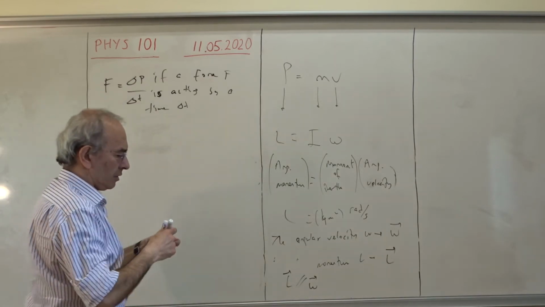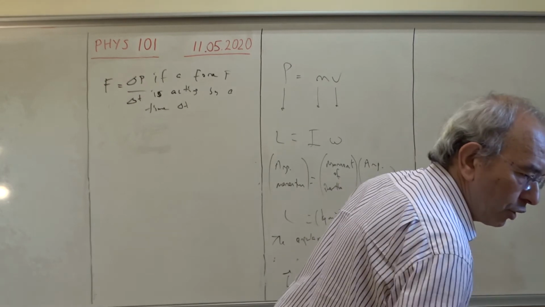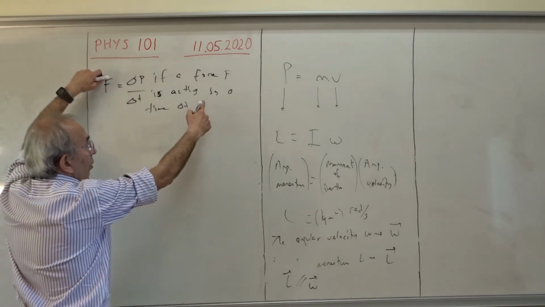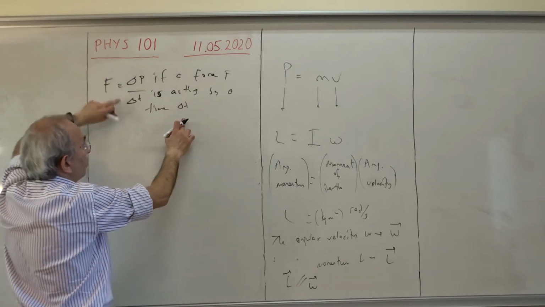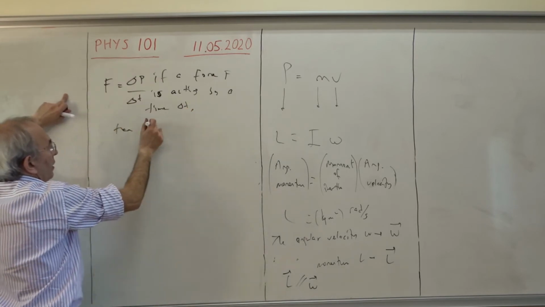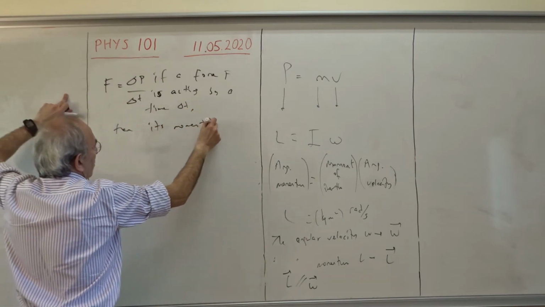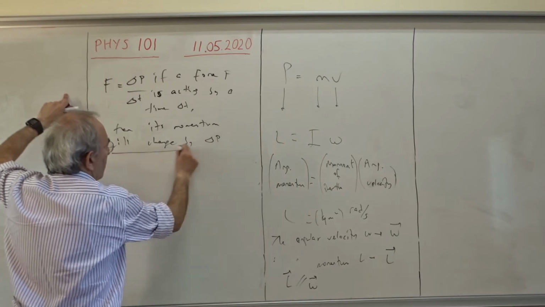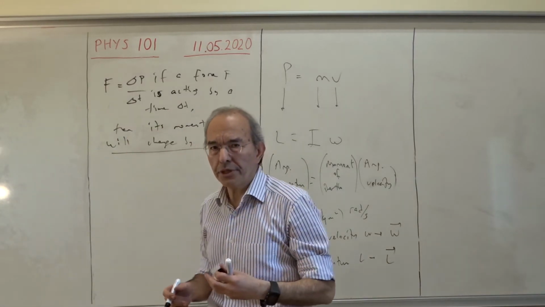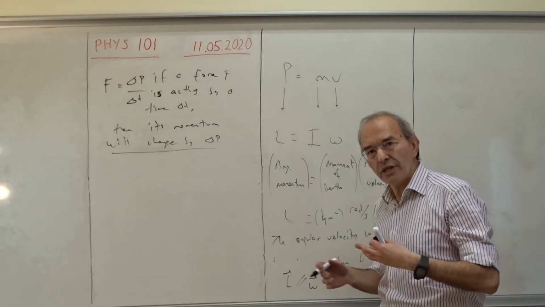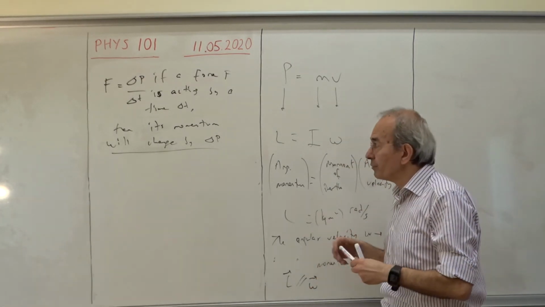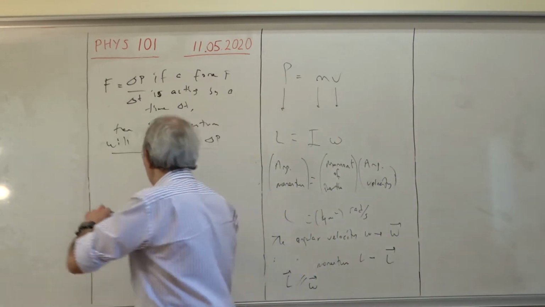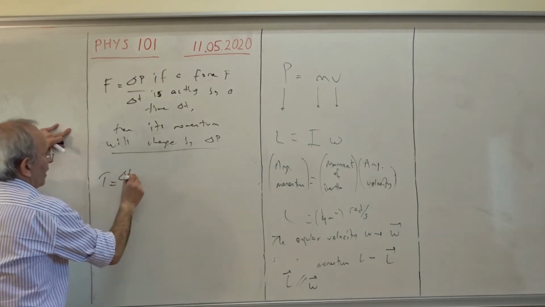If a force F is acting on the system, on the object, by a time interval delta T, then its momentum will change by delta P. So this is the interpretation of the upper equation. In other words, F equals m times a. In the new case, we have torque for F, L for P. So that we have now torque is equal to delta L by delta T.